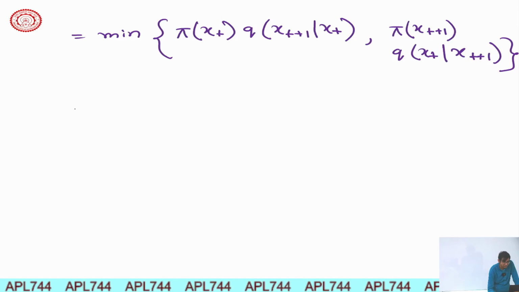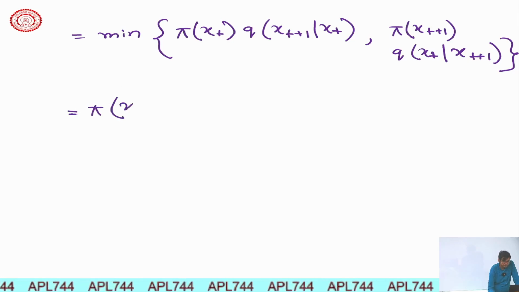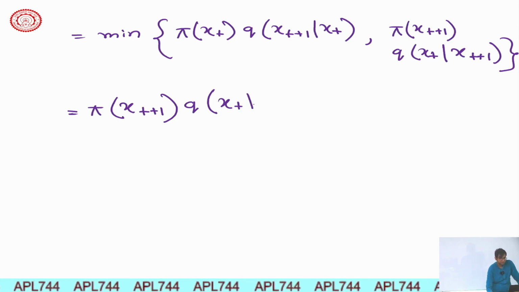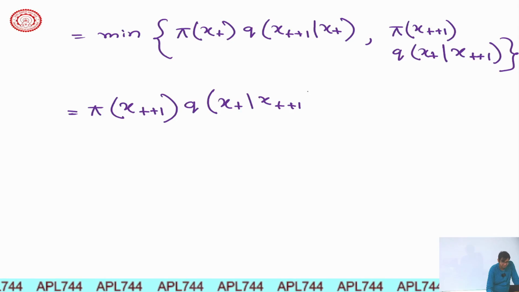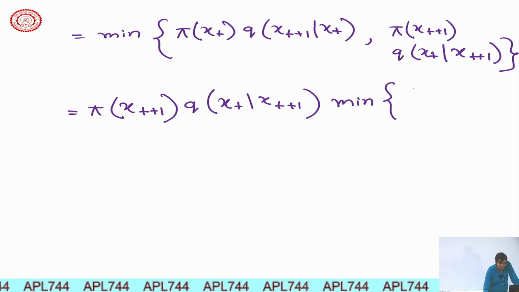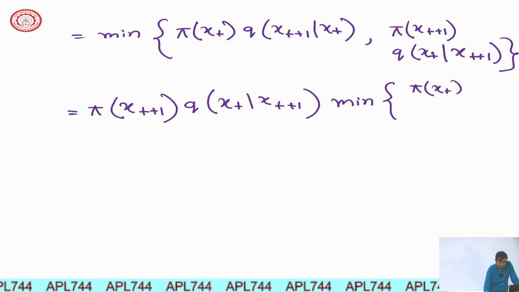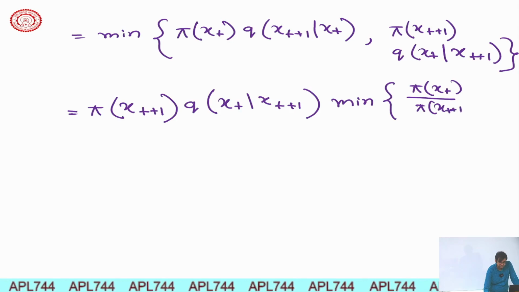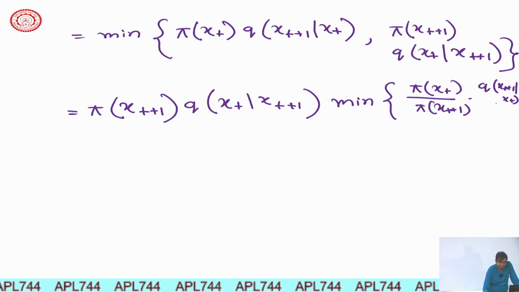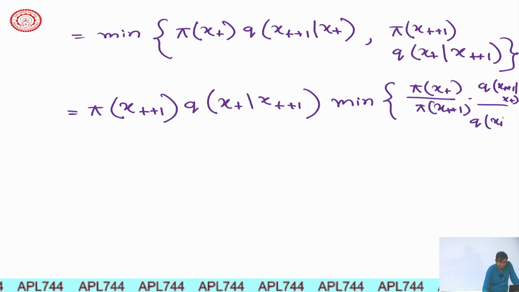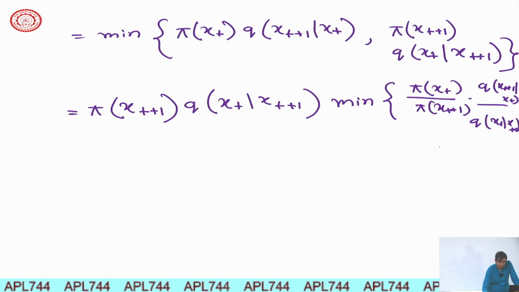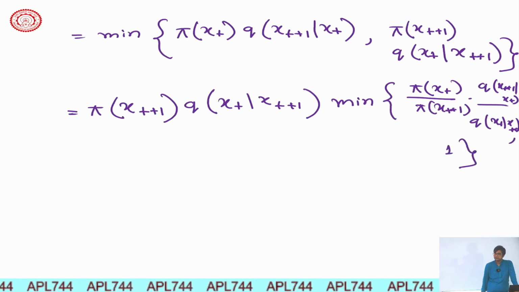If I take second term outside the minima, what will I get? Pi of xt plus 1 q of xt given xt plus 1 minima of 1, okay, let me write the ratio first, pi of xt divided by pi of xt plus 1 q of xt plus 1 given xt divided by q of xt given xt plus 1, right, comma 1, right.